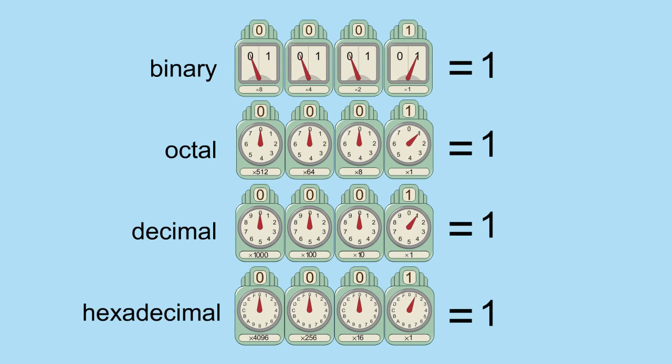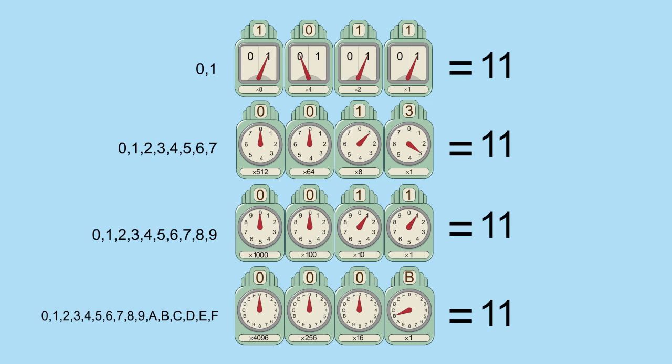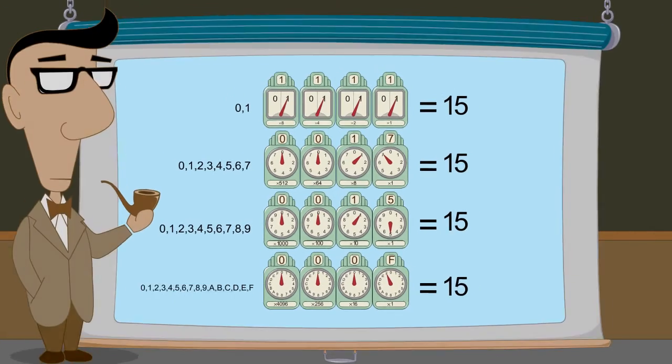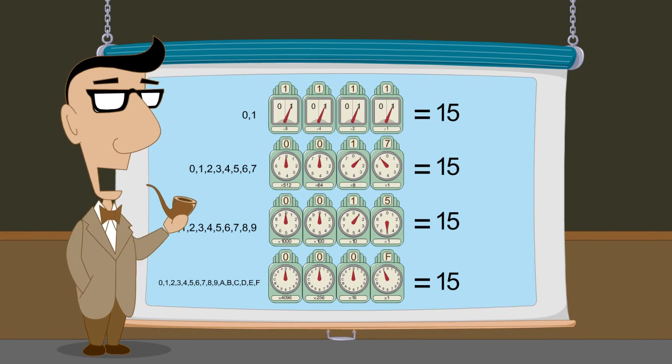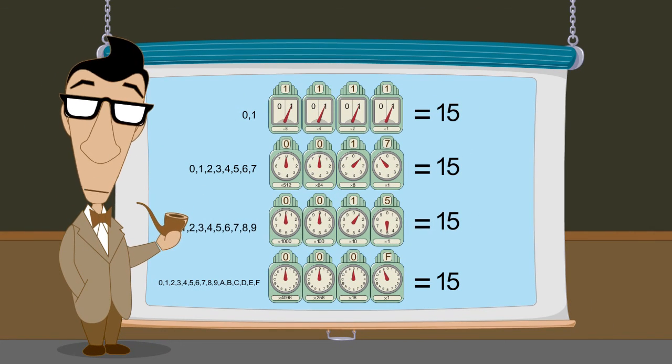As you have seen, we use the same basic rules for counting in binary, octal, decimal, and hexadecimal. The only difference is that each base has a different number of numeric symbols. So using positional notation, we can create a number system using any natural base we like. Try creating one of your own. Who knows, it might catch on.